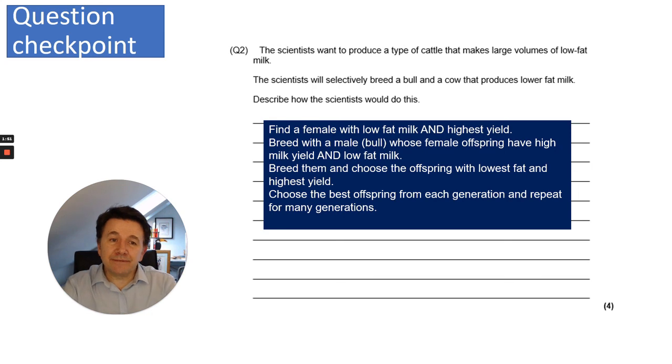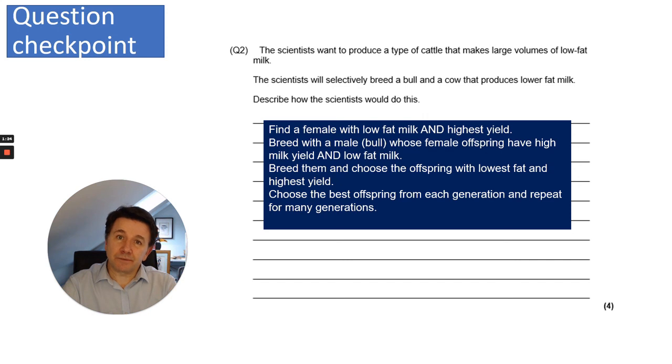So first of all, we need to find a female with low fat milk and highest yields, so that produces large volumes of low fat milk. But then you breed it with a male bull whose female offspring have high milk yield. You wouldn't just breed with any bull. You would have a bull that produces offspring that is producing high milk yield and low fat milk.